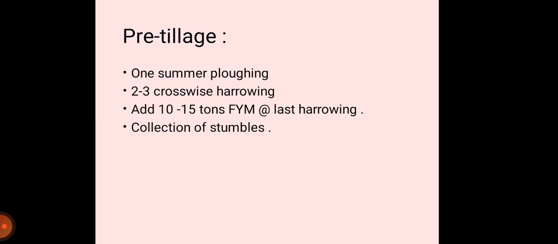Then preparatory tillage: summer plowing is necessary. After that, 2 to 3 crosswise harrowings are required, and at the last harrowing we should add 10 to 15 tons of farmyard manure, and mix all the stubbles and farmyard manure at shallow depth.